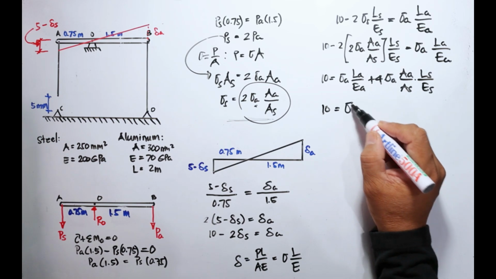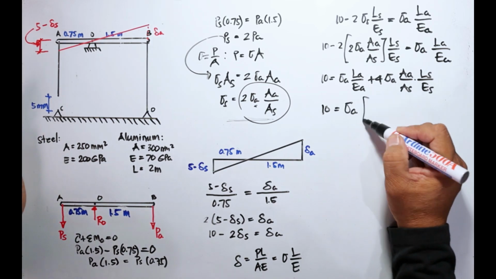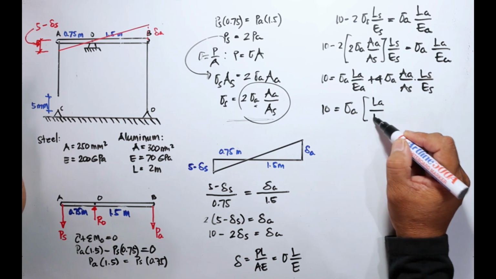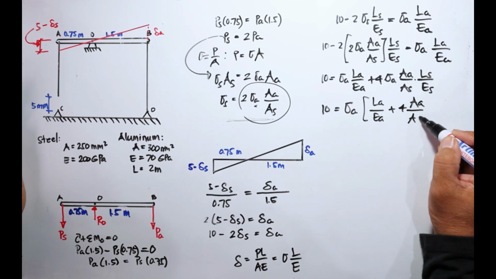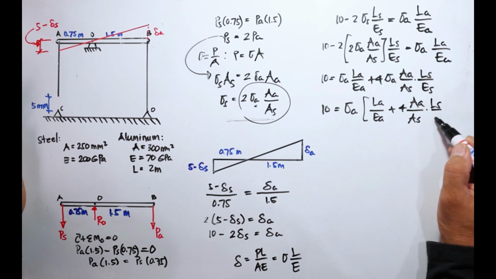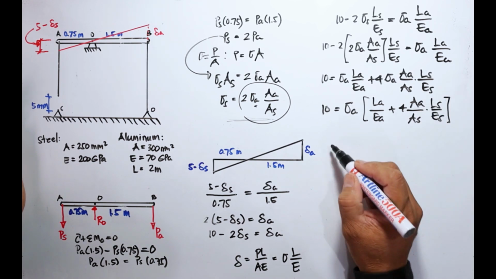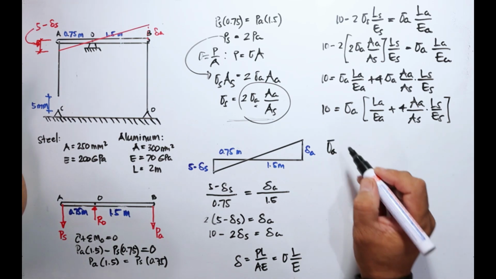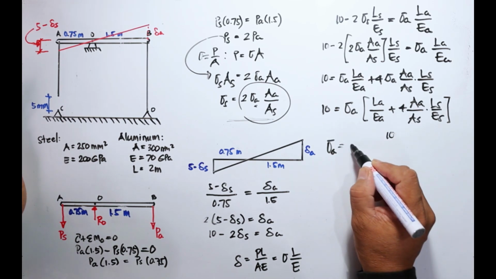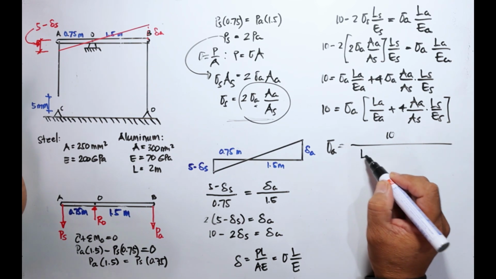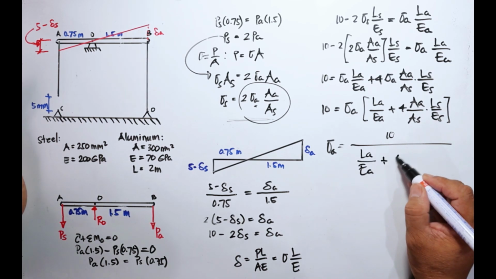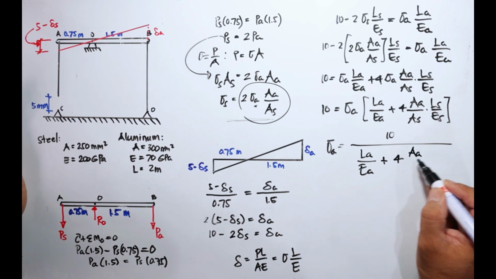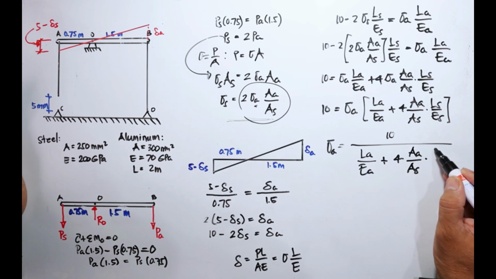So we have a common factor of sigma A, and we have L sub A over E sub A, plus 4 times A sub A over A sub S times L sub S over E sub S. So finally, our stress in aluminum is 10 divided by L sub A over E sub A plus 4 times A sub A over A sub S times L sub S over E sub S.